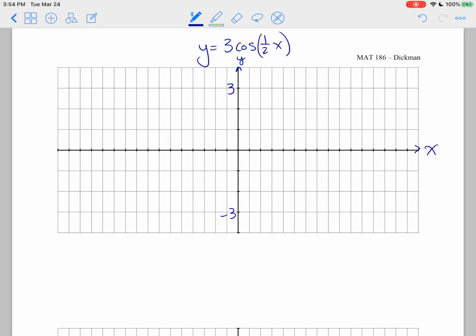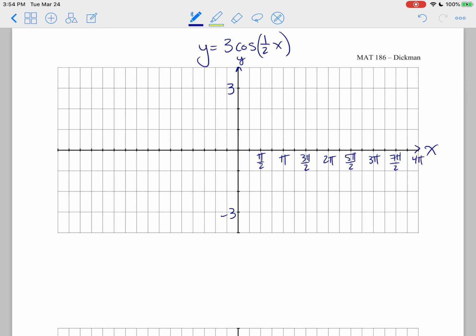And then we said since we have to cover, our period's actually 4 pi now, it's twice as big. So instead of doing pi over 4 here, I'm probably going to do pi over 2. So pi over 2, and then 2 pi over 2 is pi, and then 3 pi over 2, and then 4 pi over 2 is 2 pi, and then 5 pi over 2, and then 6 pi over 2 is 3 pi, and then 7 pi over 2, and then 8 pi over 2 is 4 pi.